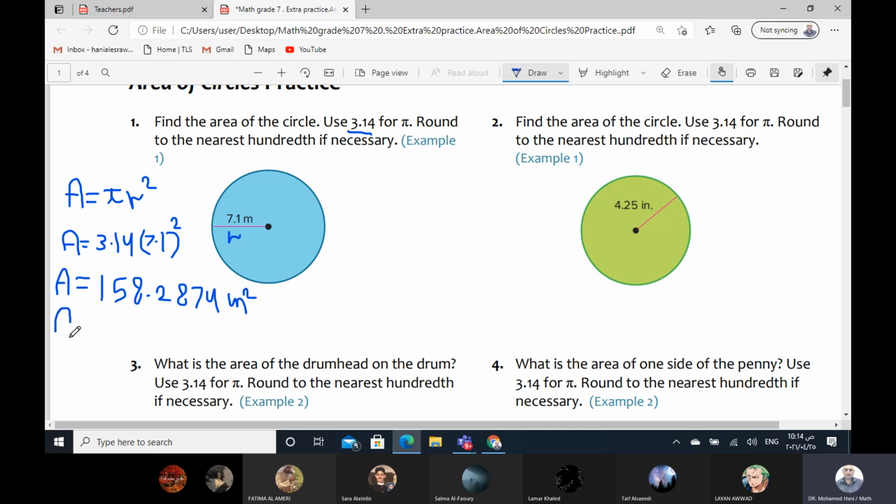We can round this answer to the nearest hundredths. This is the hundredths place. Look at the number to the right, it is 5, so we add 1 to the position here. So it will be 9, and here 158.29 meter squared.